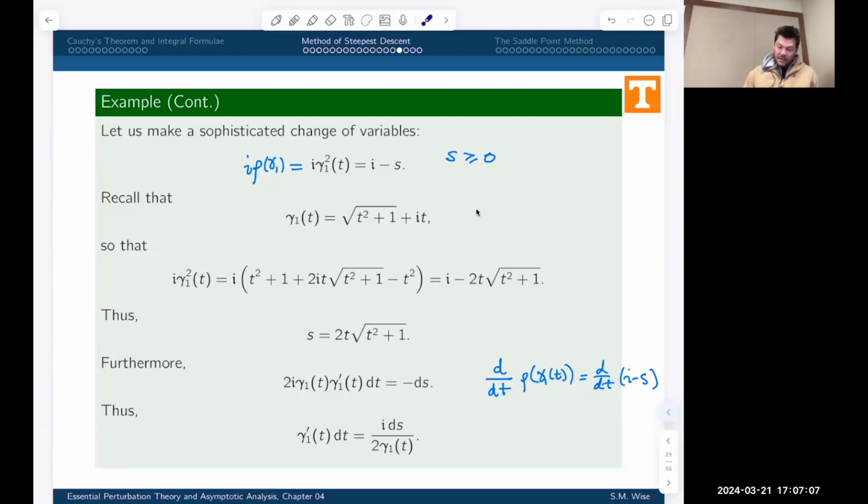This is what you get when you pretend you can split that up as a fraction.